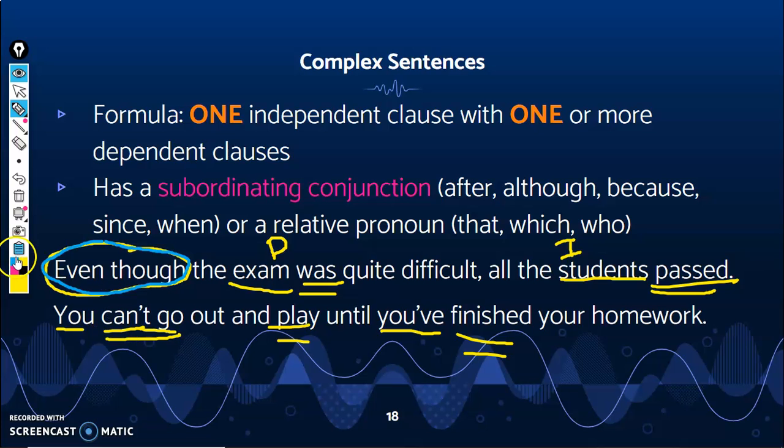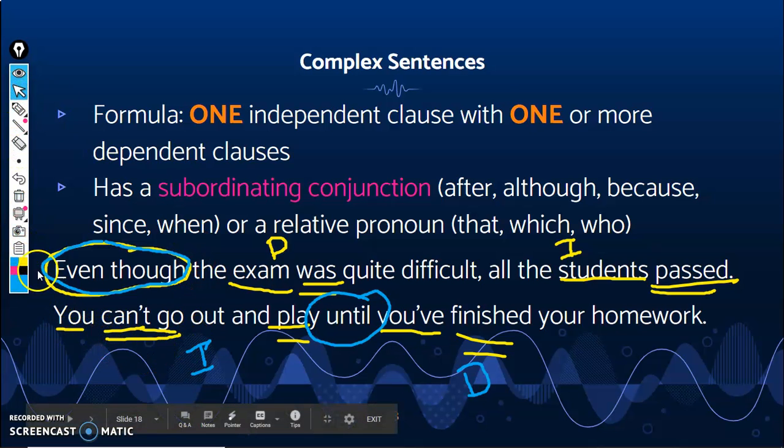And they're joined specifically here with until. Until is a coordinating conjunction, so it requires more information. You can go out and play would be our independent, and the next one, until you've finished your homework, is dependent. It needs more information.